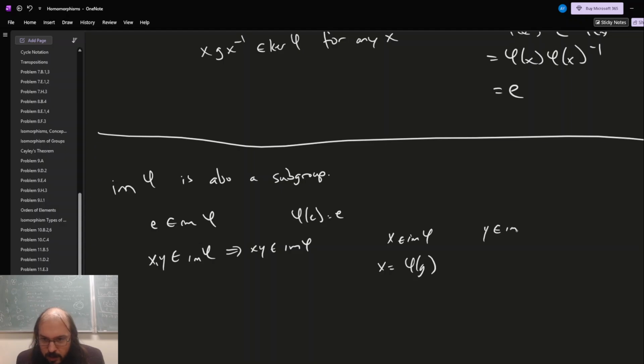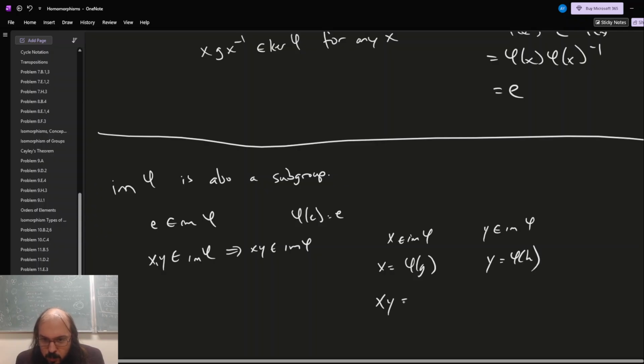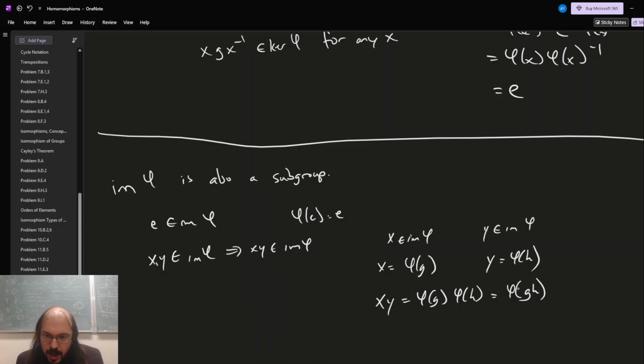And then similarly, y is the image of some h. But then xy is phi g, phi h, and the definition of a homomorphism tells me that that is phi of gh. So xy is in the image, and we've knocked that one out.